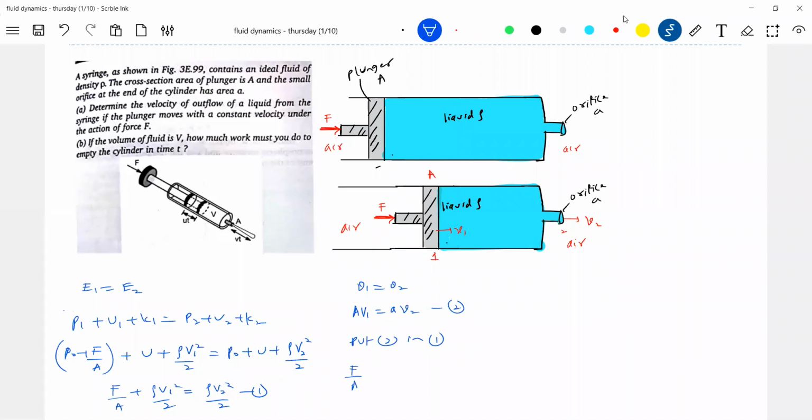So this will become F by A plus rho by 2, where V1 I can write as a V2 by A, whole square, equals rho V2 square by 2.